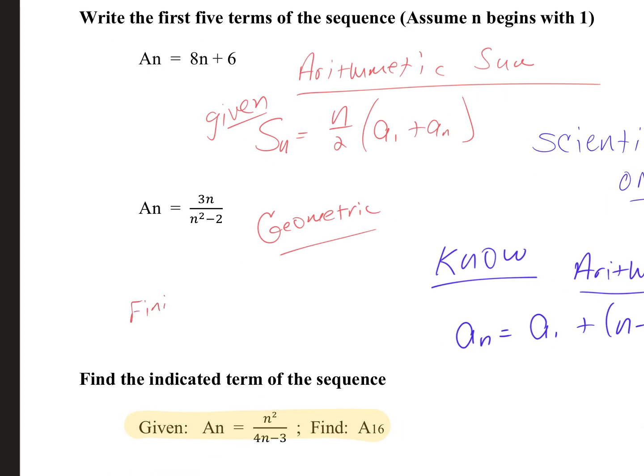What's the finite one? You guys should have your answers open. You should be looking at it. What's the finite formula? The one that ends. Everybody look at it.